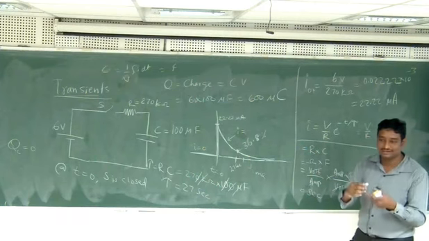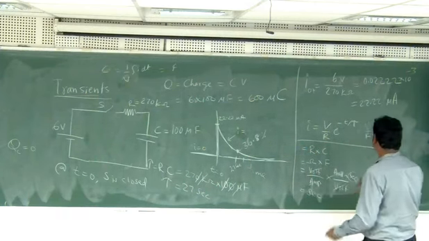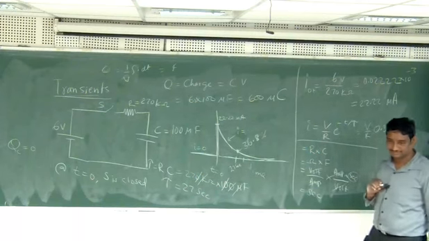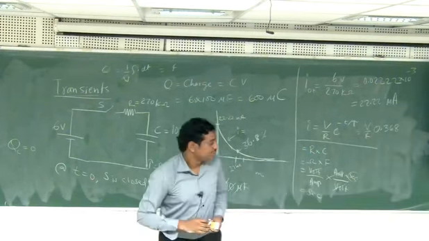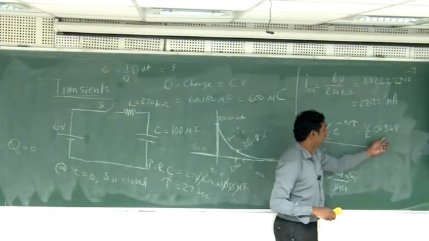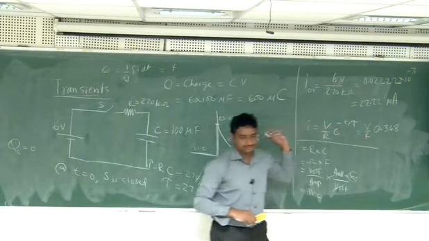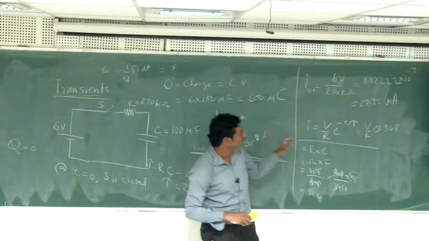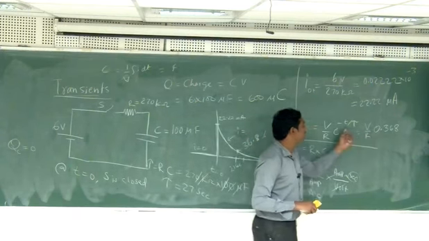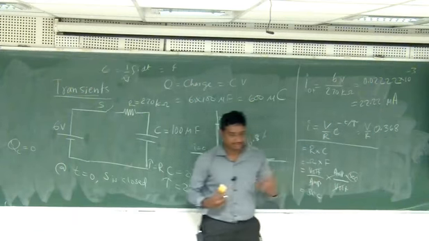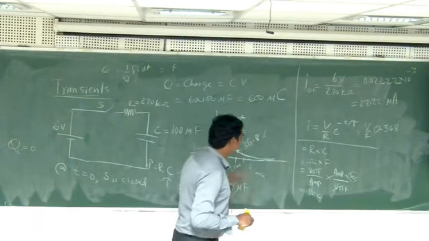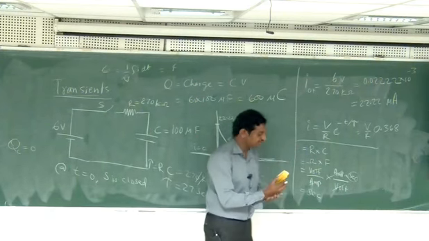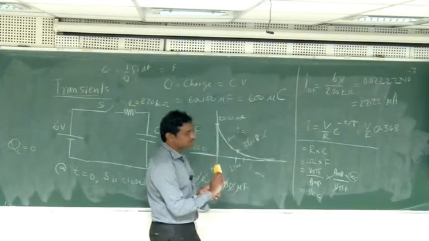Use your calculator, type 1 by e, you will get 0.368. So e to the power of minus 1 is 0.368. V by R is 22.22 microamperes, that's the full 100% current. By the time it becomes this much, t has to become equal to tau. If I use any other percentage, the formula will be a little bigger. So that's why we use this 36.8%.